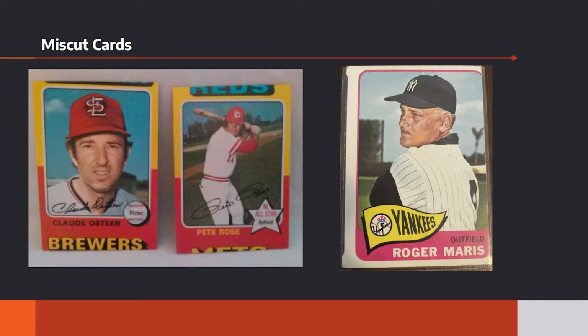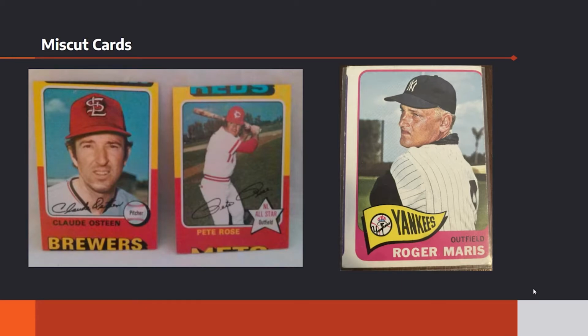So for instance, on Roger Maris's, if you couldn't see the card on the left-hand side, then it would just be off-center. But in this case, in both of these, they are considered miscut.